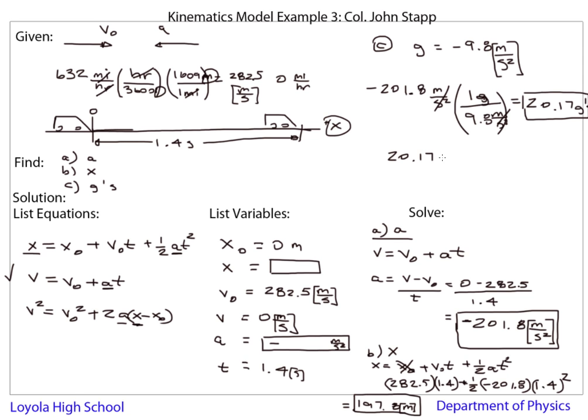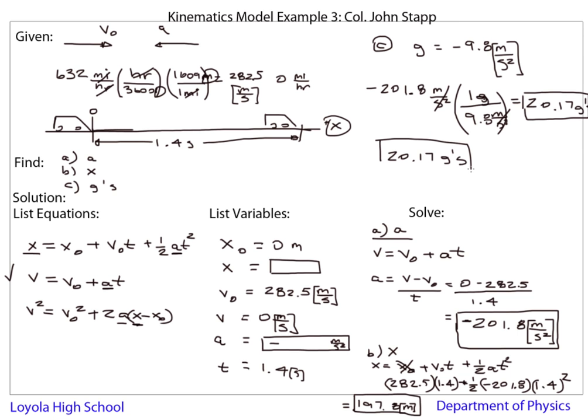That is 20 times the acceleration rate due to gravity. If you were to drop something on the Earth, a baseball or something like that, the acceleration rate is 9.8. This is 20 times that. So you can imagine the deceleration rate that Colonel Stepp felt while he was going from 282 to 0. He felt 20 times heavier than he would just sitting on the ground, and over that 1.4 seconds.